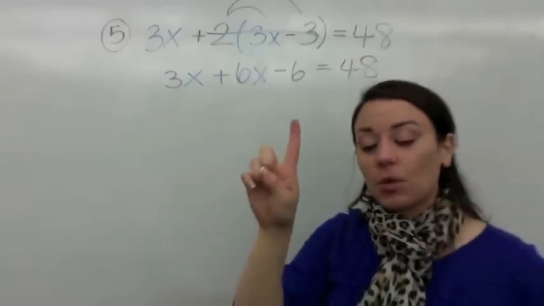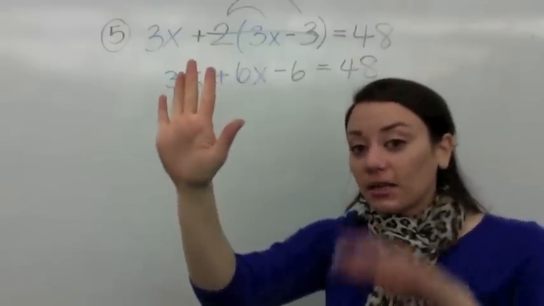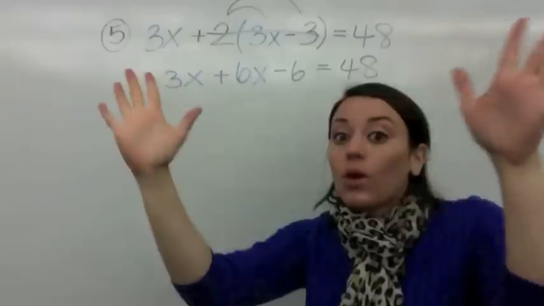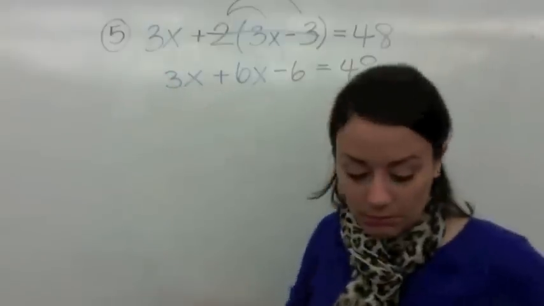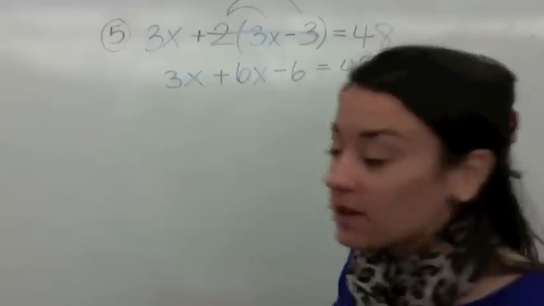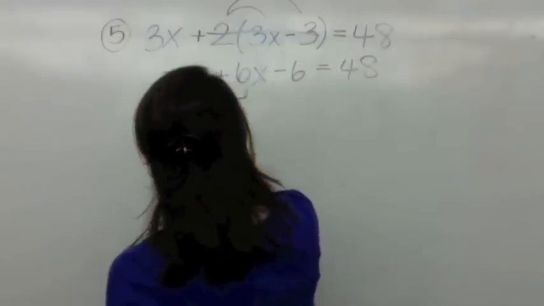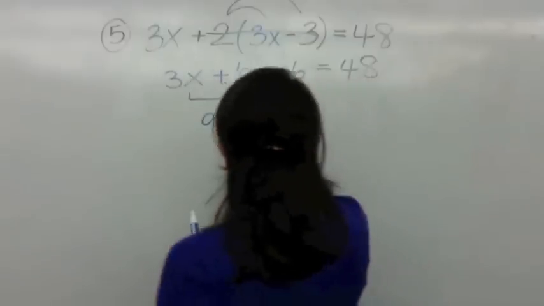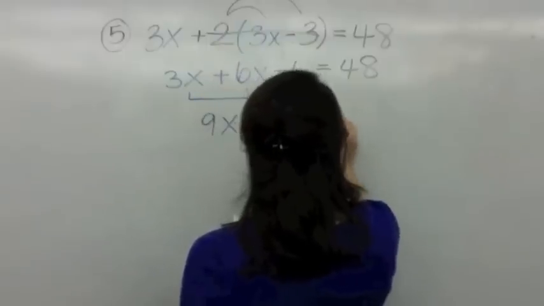You have to take 2, make it 1 by doing what? Combine like terms, right? This is 3x and this is 6x. When you add them, they make what? They make 9x. That is correct. So you have 9x minus 6 equals 48.